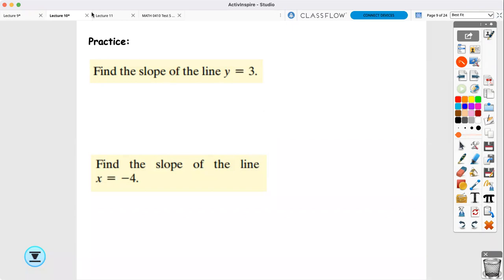All right, anyone want to show what they got for the slope for the first practice problem, y equals 3? m equals what? 0. That is correct. Now, what about the slope for the second line?